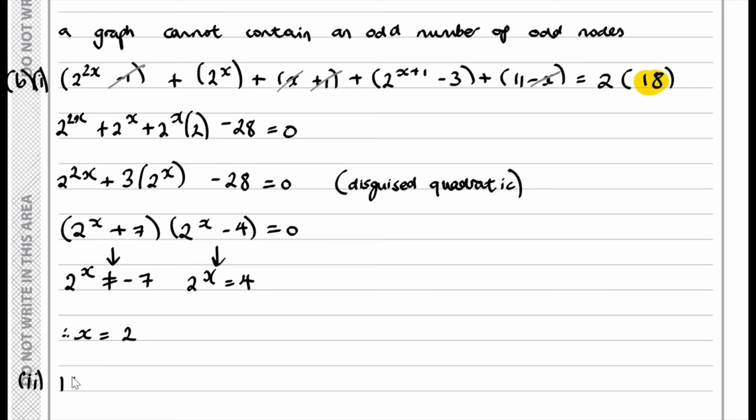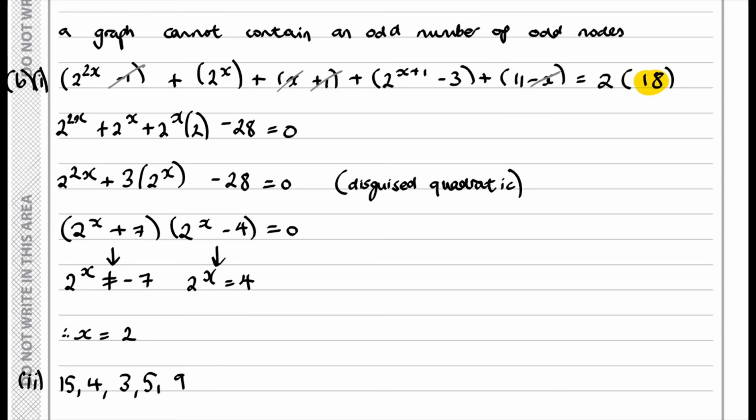And then here we have 2 to the power of 2, which is 4. And then here we have 2 plus 1, which is 3. Here we have 2 to the power of 2 plus 1, then minus 3, that's 5. And then 11 minus 2, that's 9.